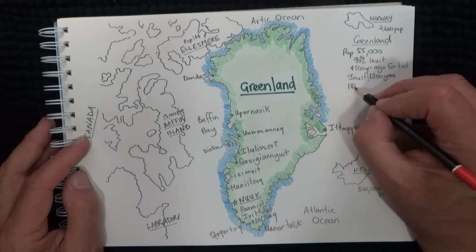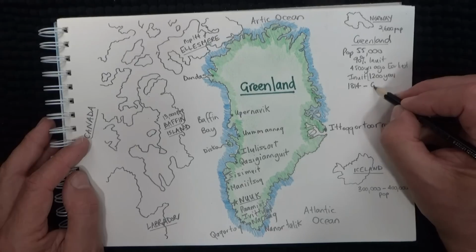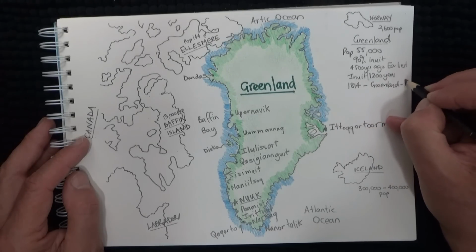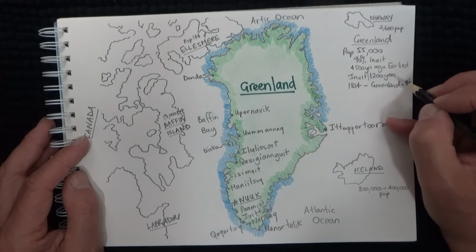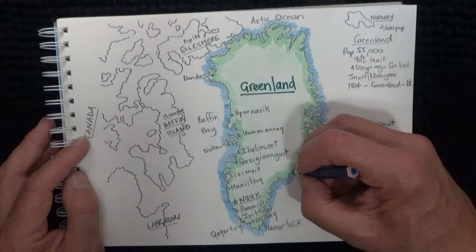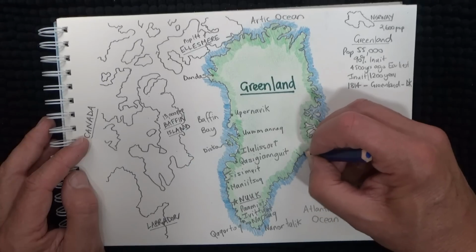So then in 1814, Greenland became part of Denmark. Norway and Denmark split into two separate countries, and in the split, Greenland went to Denmark.